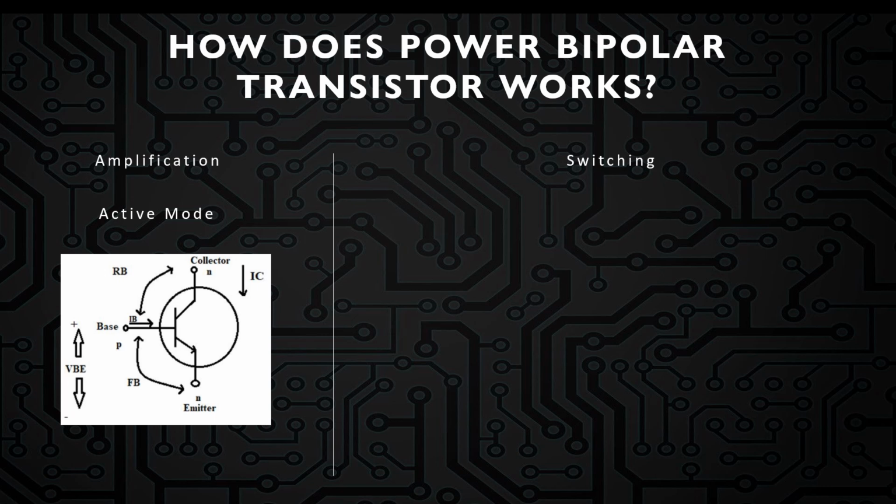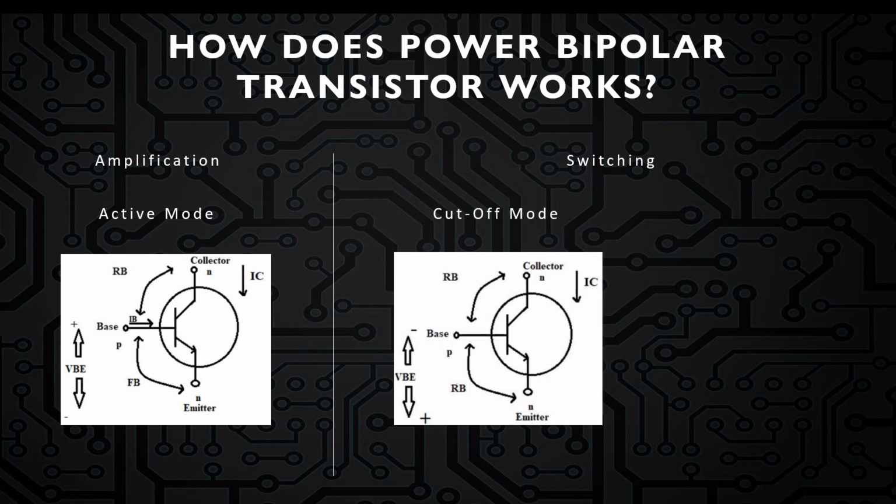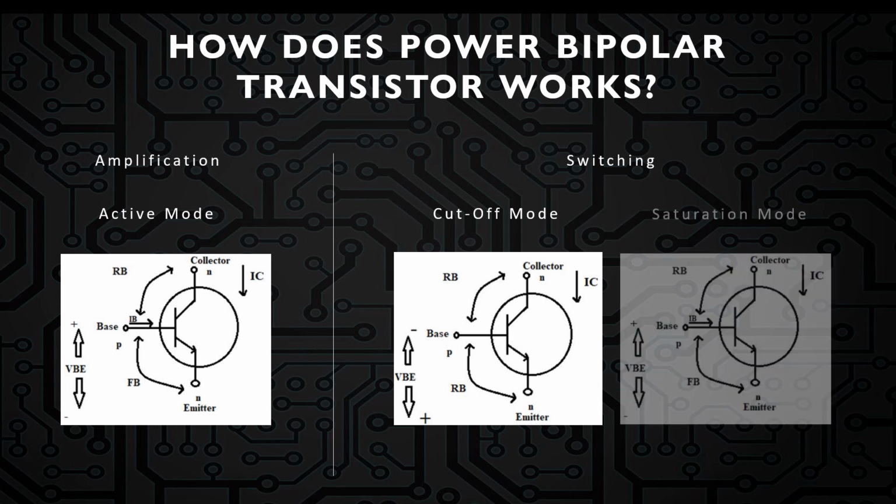The power bipolar transistor can also function as a switch, controlling the flow of current between collector and emitter. This switching action is achieved by controlling the bias voltage applied to the base emitter junction. When no current flows between the base and emitter, the transistor is in cut-off mode. In this state, the transistor acts as an open switch and there is no current flow from the collector to the emitter.